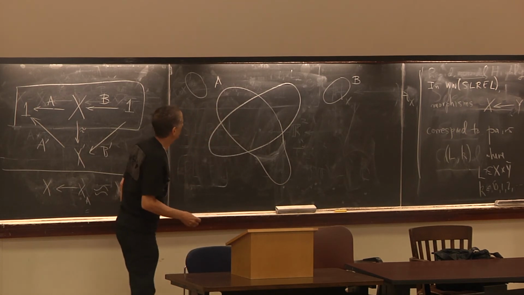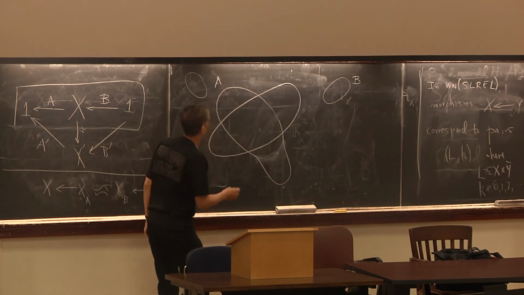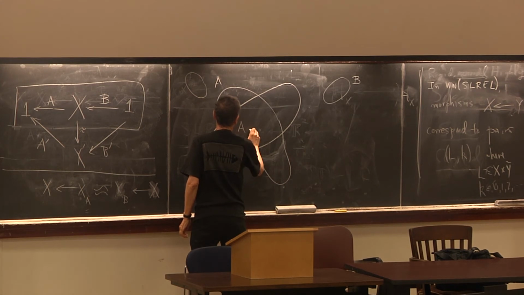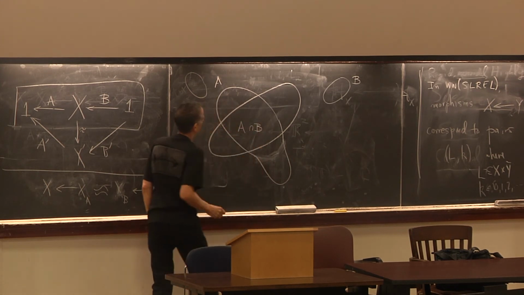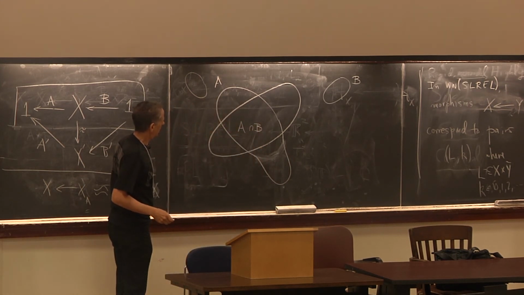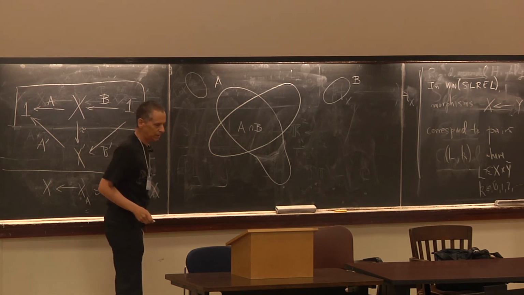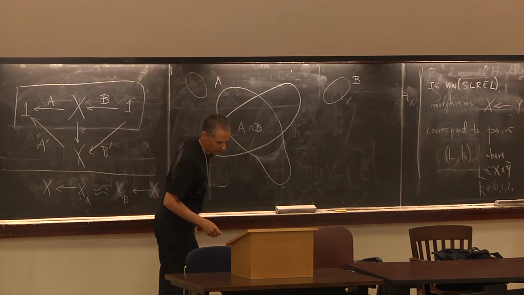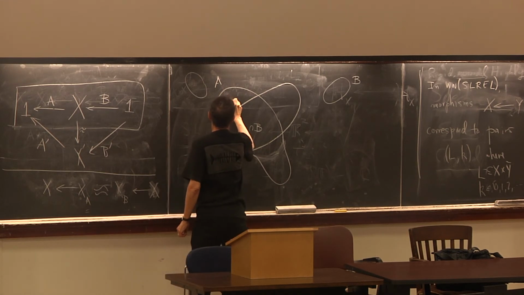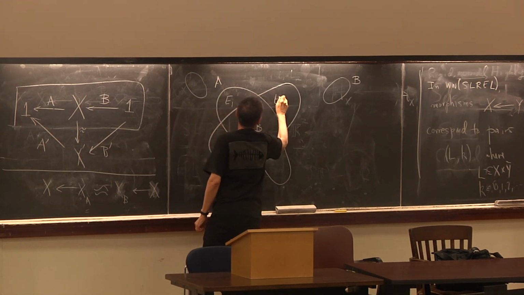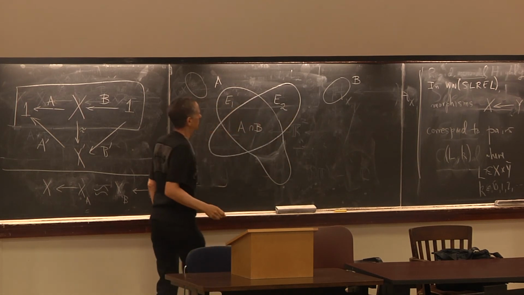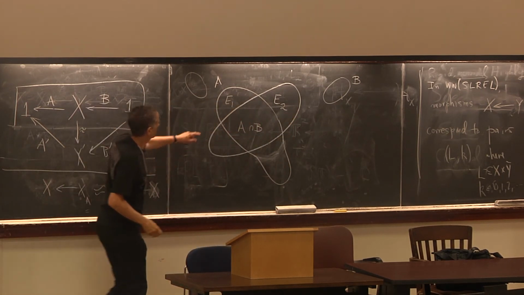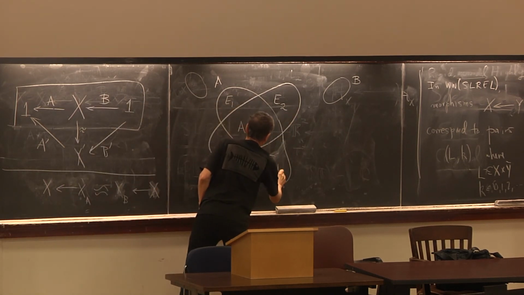So for example, here we can put the intersection of A intersect B. And then we can choose complements of A intersect B in the two spaces, and I'll call the complements E1 and E2.